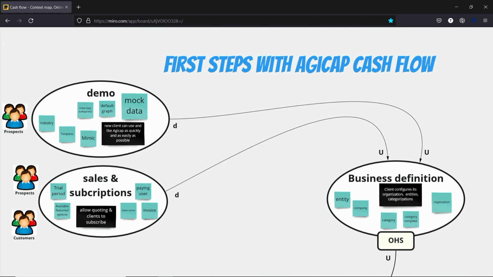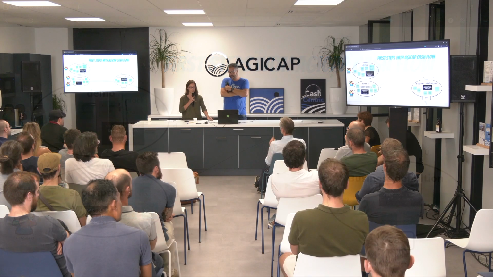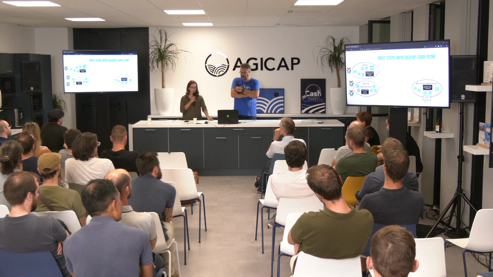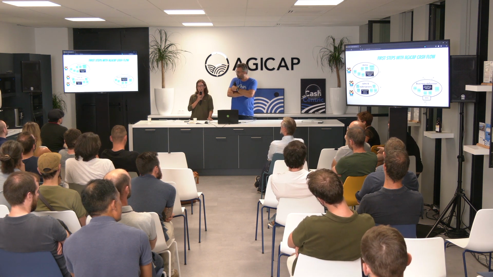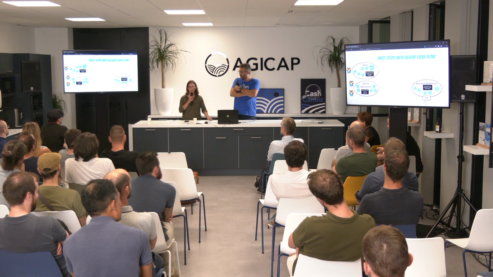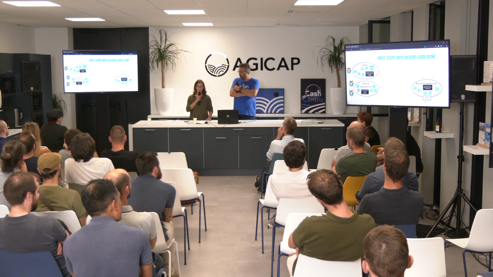So we have this demo part where there is mock data and default graphs and templates and things like that, depending on which industry you are working in. And finally, we need to track their subscription, so their trial period, who is the paying user, generate an invoice, and all of this. So this is in the sales and subscription part.